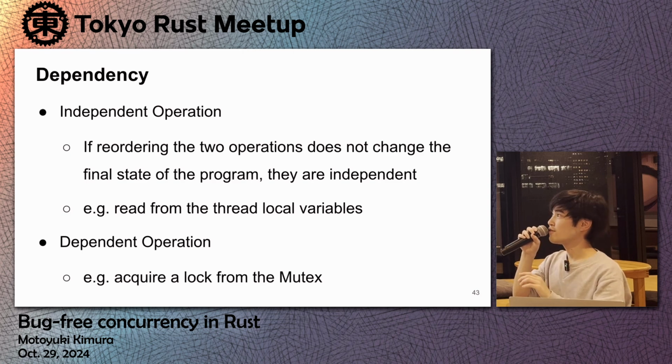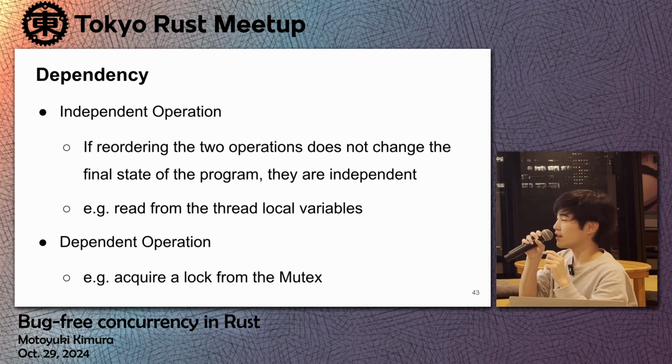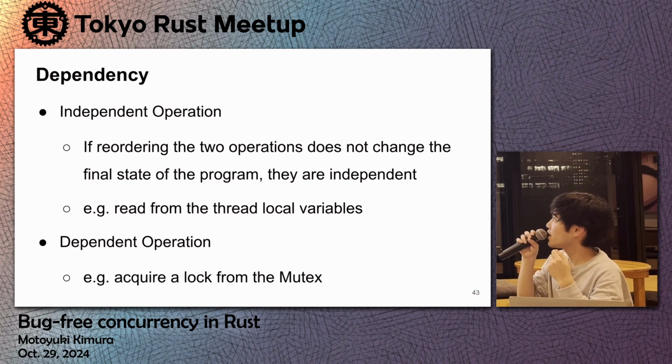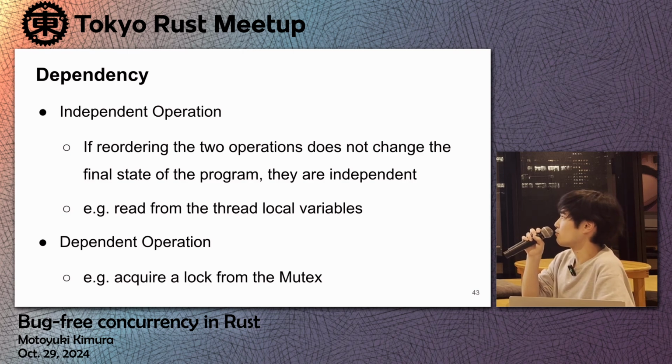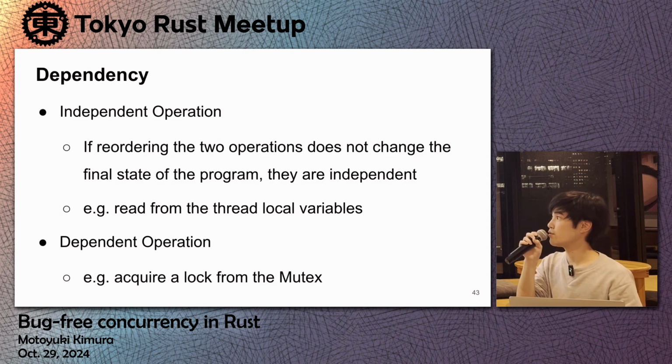So more specifically, if reordering the 2 operations does not change the program's final state, we say those 2 operations are independent. So for example, reading from thread local variables could be considered independent operations, because usually just reordering these thread local operations does not change the program's final state.